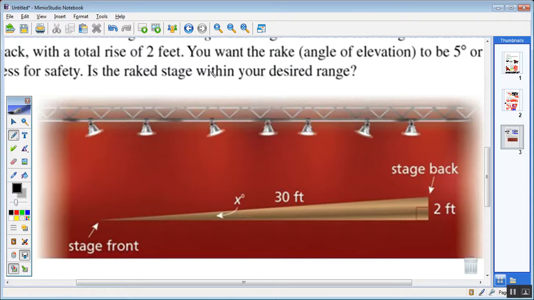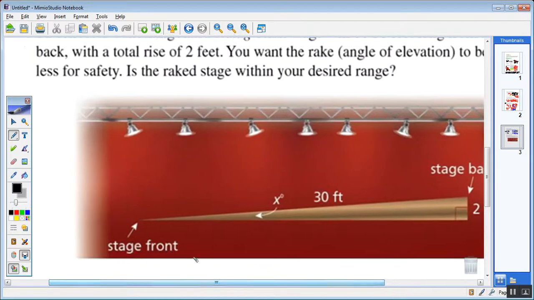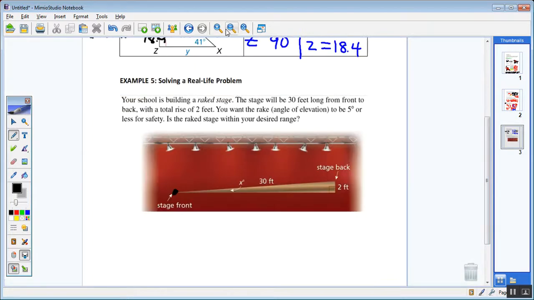It says we want the rake elevation to be how many degrees? It wants to know, is this angle within your desired range? 5 degrees or less. Do you agree that we're trying to find the angle at the stage front?